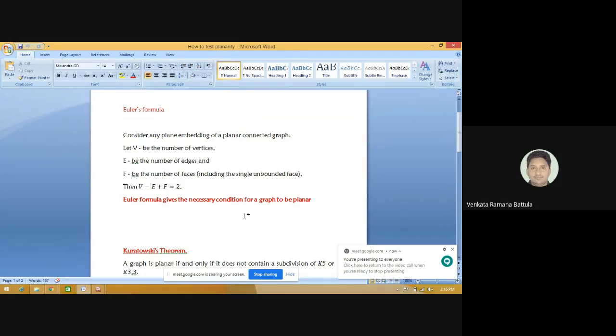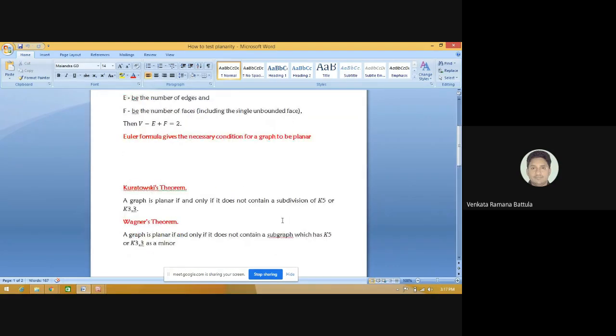Let me recollect once again. Euler's formula gives a necessary condition for a graph to be planar, but not a sufficient condition. To provide a sufficient condition, there are two other theorems available, Kuratowski's theorem and Wagner's theorem. Kuratowski's theorem states that a graph is planar if and only if it does not contain a subdivision of K5 or K3,3.